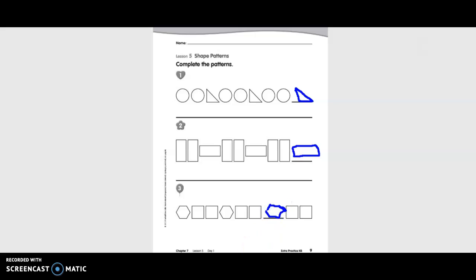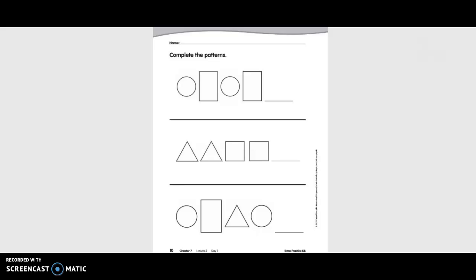All right, so just like Mrs. G, try your best and copy the shape, okay? It does not have to be perfect. Look, Mrs. G's shapes aren't perfect, okay? So you're completing the patterns and then completing the patterns again, okay?